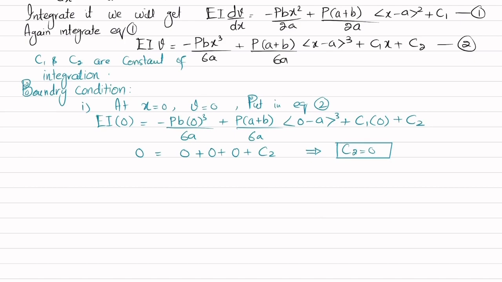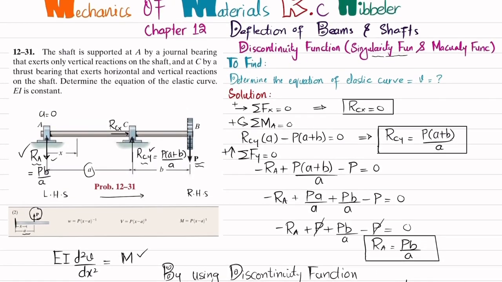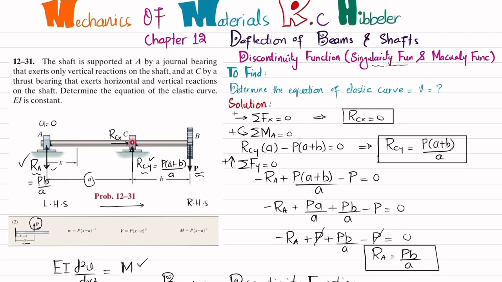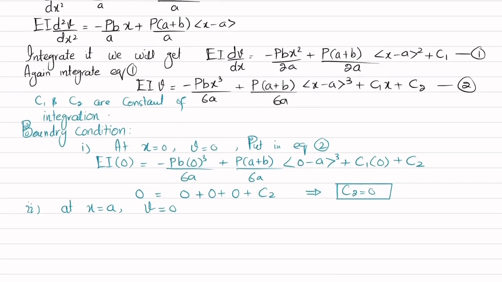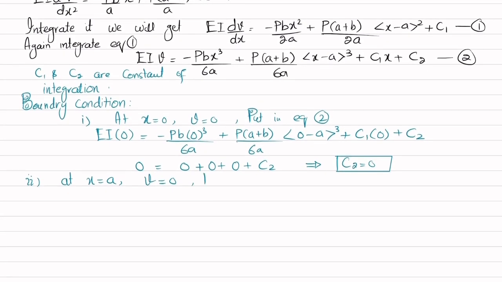Now the second boundary condition is that at x is equal to a, we have deflection equal to 0. So let me show it to you. Here x starts from here, and at this point x is equal to a, where there is a bearing, so the deflection will be 0. So we put it in equation 2.